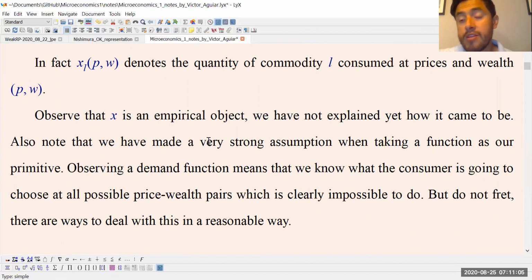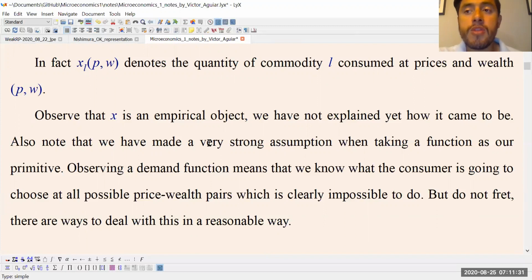So can you run an experiment to do this? Not really, because you would have to run an infinite number of experiments, one for each price and income level. For instance, imagine two goods. You would have to do it for the vector (1, 1), the vector (1, 1.1), and the vector (1, 1.2), and in fact explore all possible prices. So in reality, this doesn't happen.